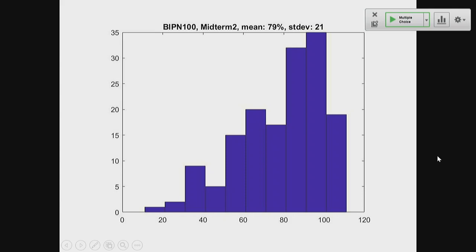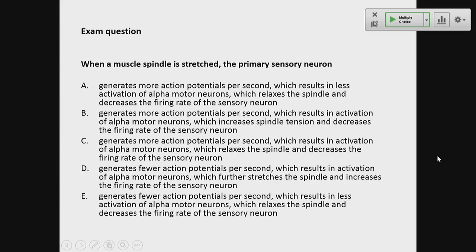So the first one of those two was the one on the muscle spindles, and just remember that this is supposed to be a negative feedback loop. If it starts out, the stretch of the spindle results in increased action potential generation. So if it's a negative feedback loop, the outcome needs to be that the action potential generation is actually decreased.